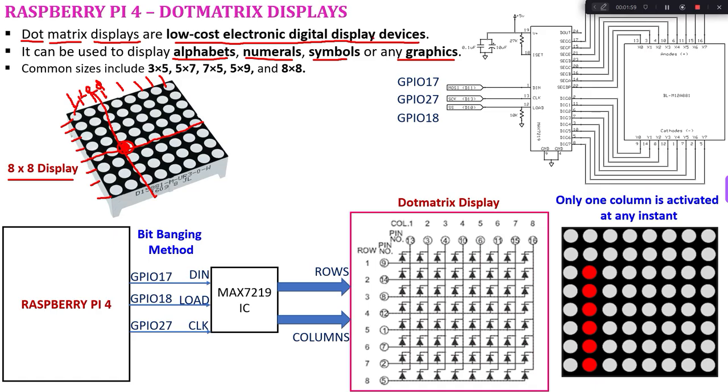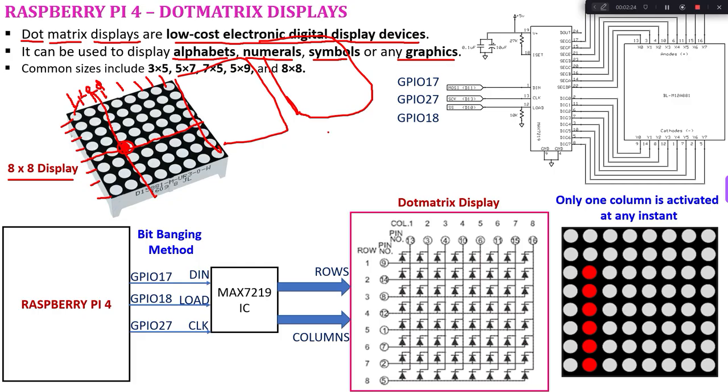And we can connect as many of these dot matrix displays together. I can put one more dot matrix display and another one. So thereby I can even display a big sentence on these dot matrix displays. So in this tutorial, I will be discussing how to interface this with the Raspberry Pi 4 module.